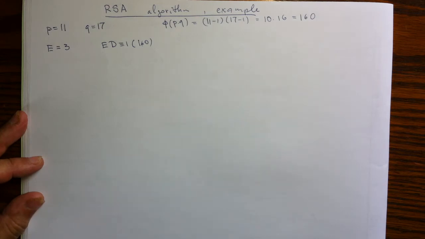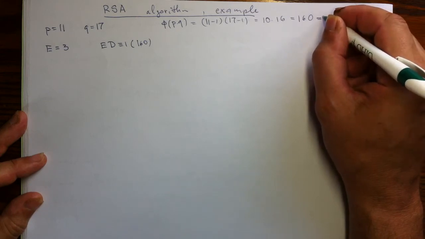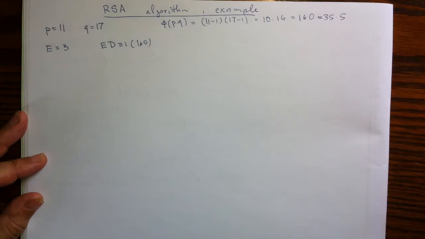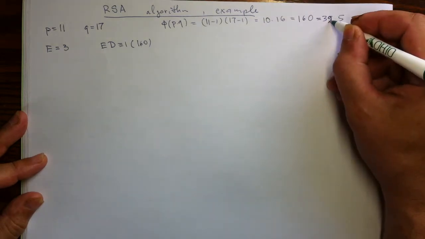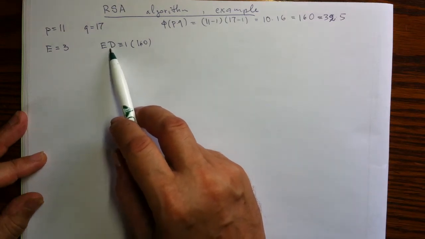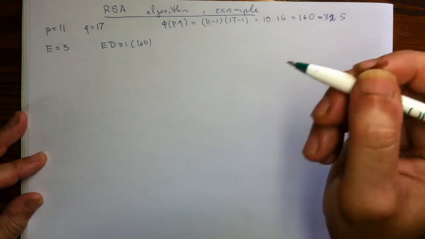Co-prime factors, they will be 32 and 5. So I need to invert 3 modulo 32 separately and modulo 5, and then combine them into the unique remainder modulo 160. That will be my decryption key.